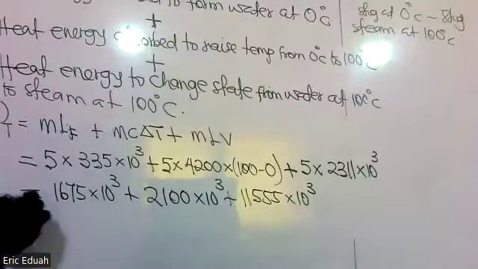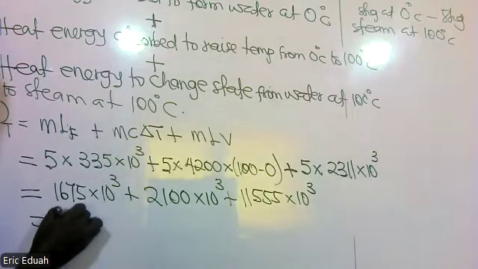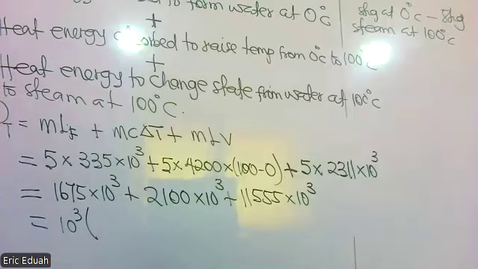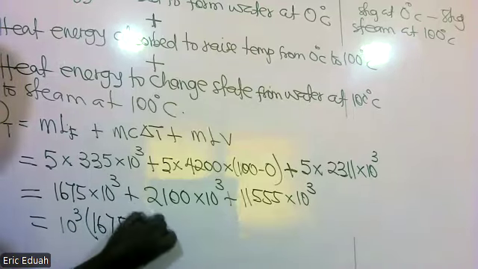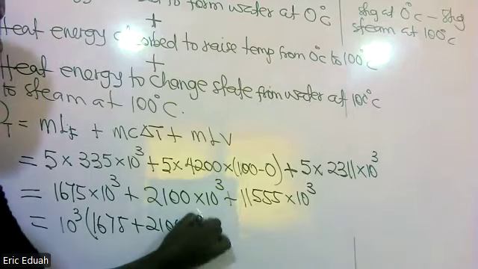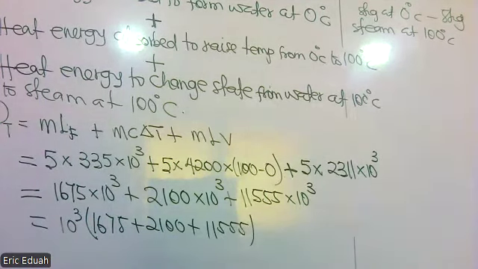So in all, we can factorize out 10 to the power 3 and then add 1675 plus 2100 plus 11,555.